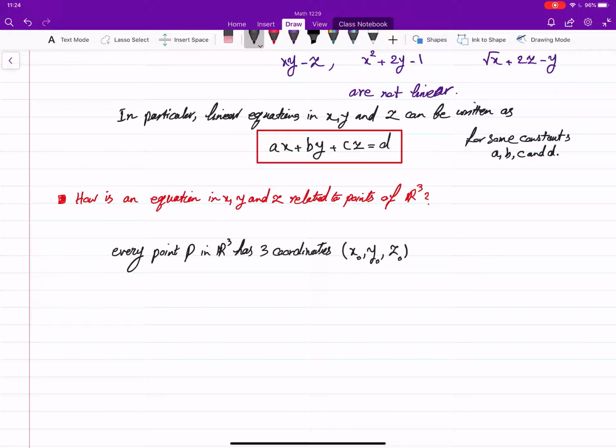Now, if you have an equation, then there are two possibilities: the point satisfies the equation, or it does not satisfy the equation.